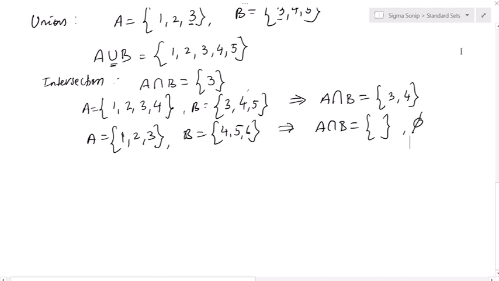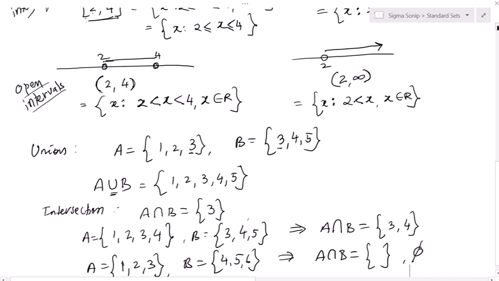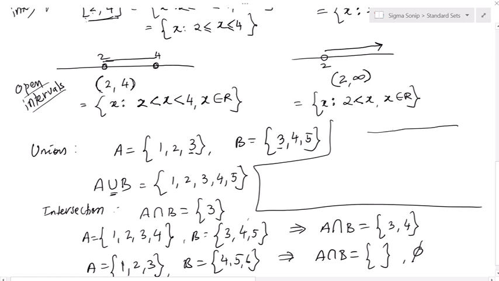So where do we use unions and intersections? I can give you an example here. Suppose I'm looking for these values. Suppose this is 2, and I want all these values to the right end, and this is 4, and I want all these values here to the right end.